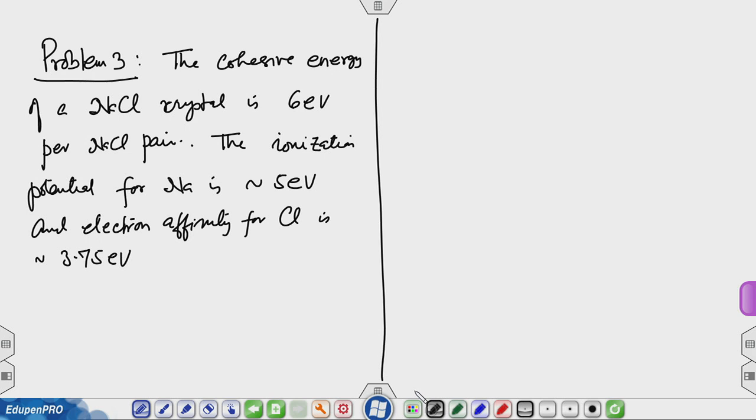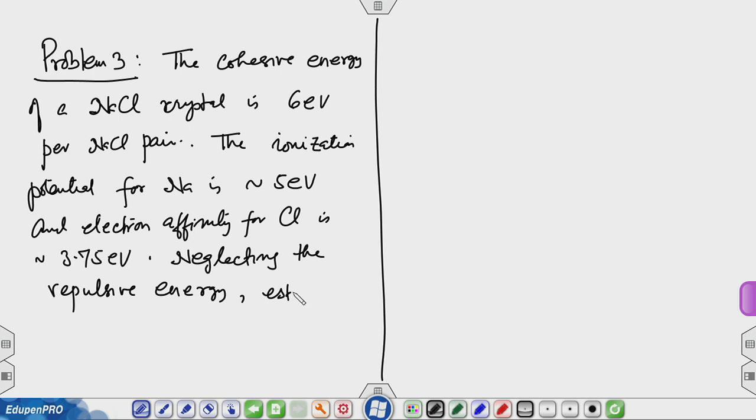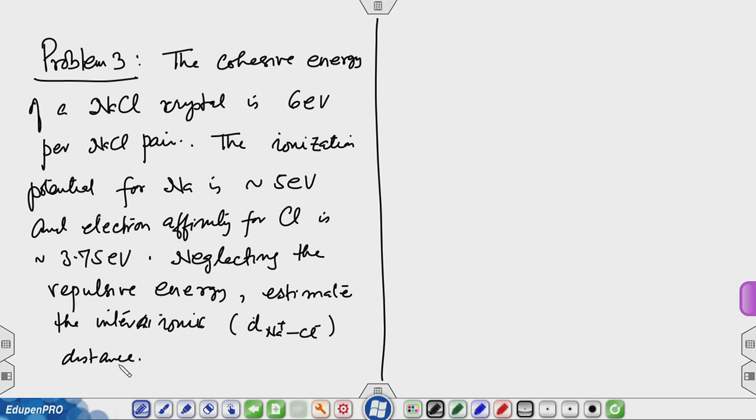And what we are going to ask now is, neglecting the repulsive energy, estimate the inter-ionic distance, that means the distance between Na plus and Cl minus.